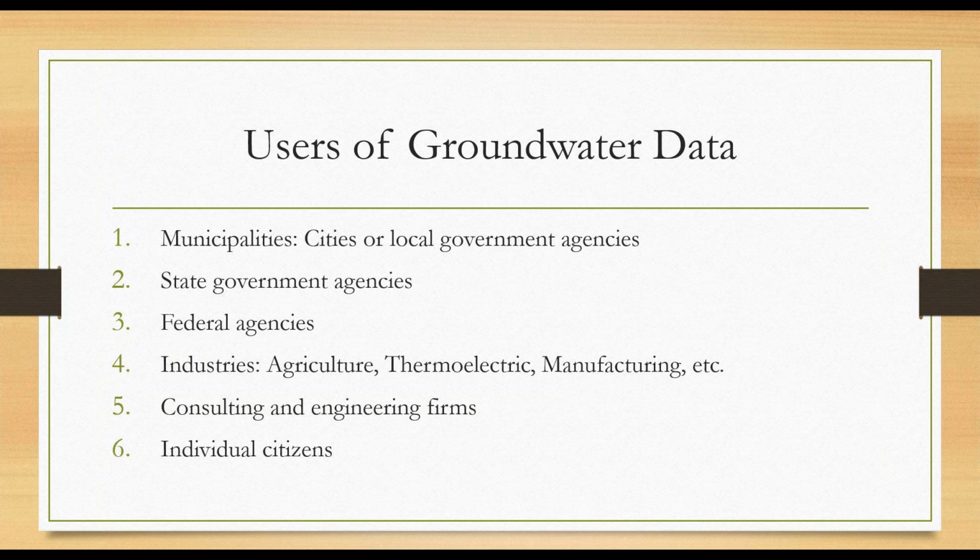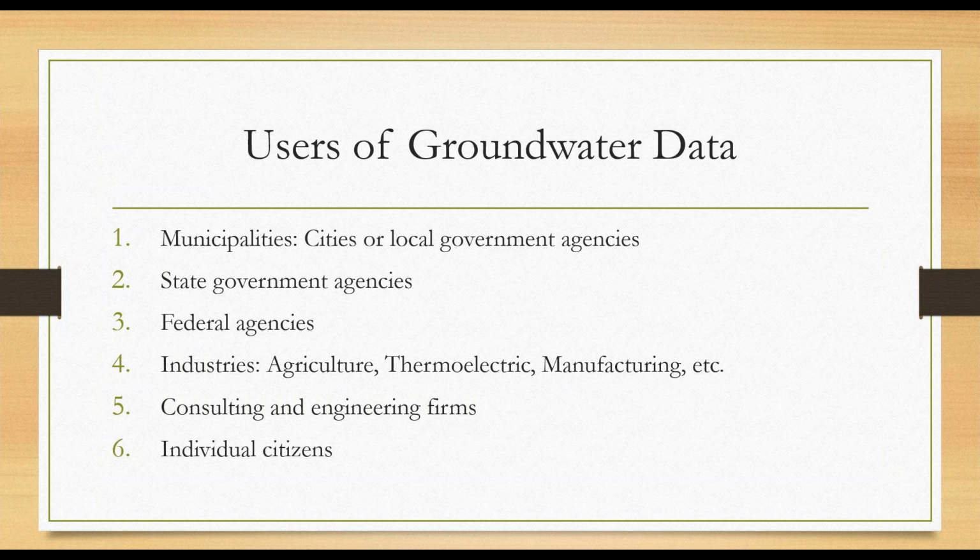We are forbidden to give access to data that has not been approved by our director or has been deemed not available to the public. I can talk a little bit more about that when we get to the database and how we partition out the data that may have a data agreement that might restrict some of the release of that information. And also individual citizens. Individual citizens use groundwater data for a variety of reasons.